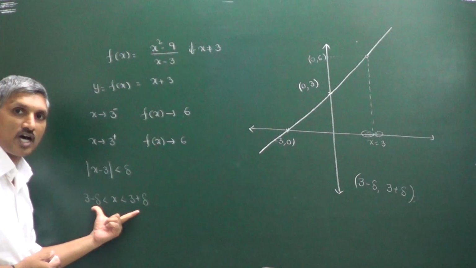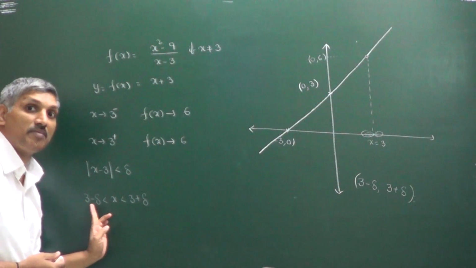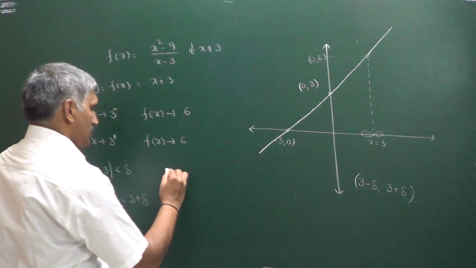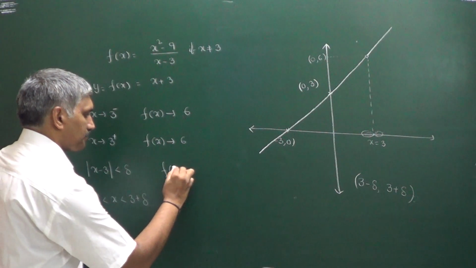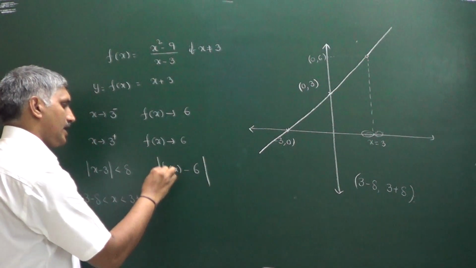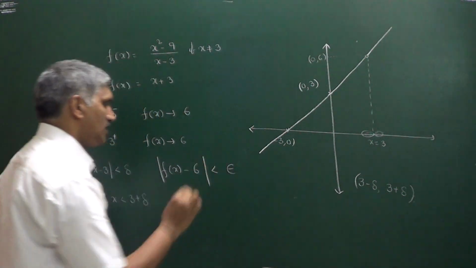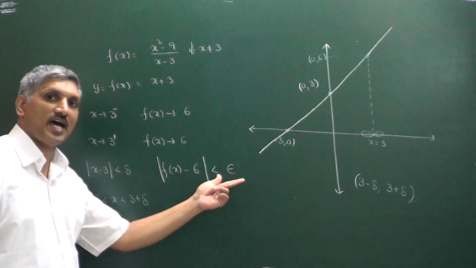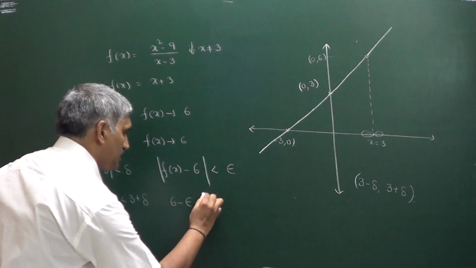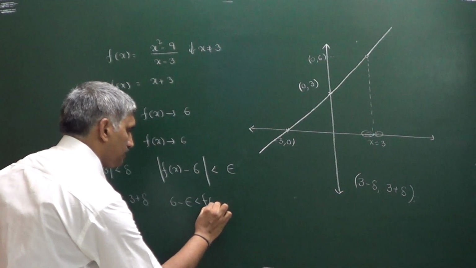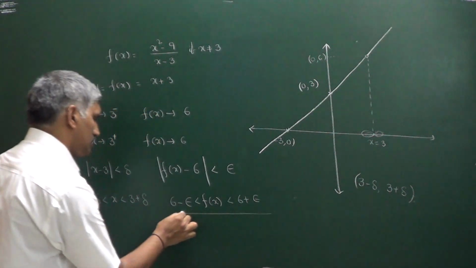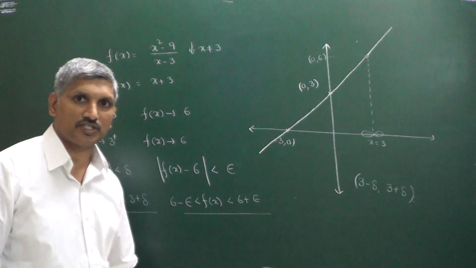So when x values are present between 3 minus delta and 3 plus delta, then f of x values are present in and around 6. That we can write as modulus of f of x minus 6 less than epsilon. That is, f of x lies between 6 minus epsilon and 6 plus epsilon. That is what we call the epsilon delta definition of limit.